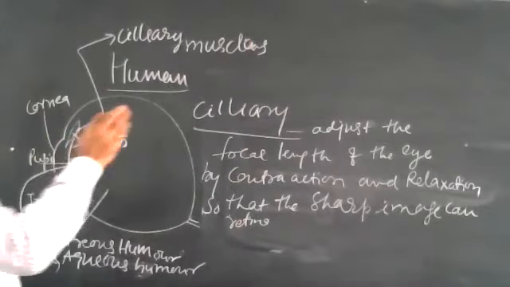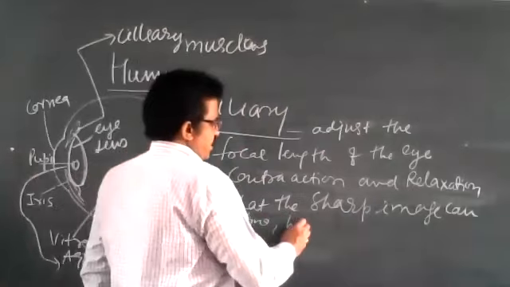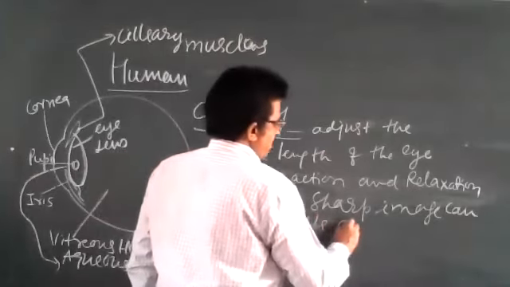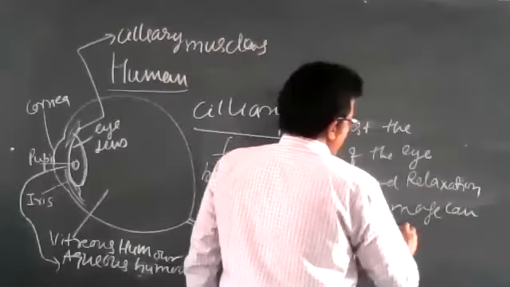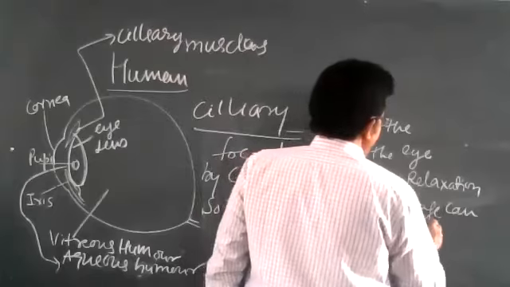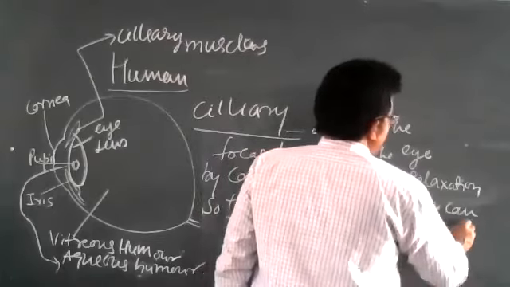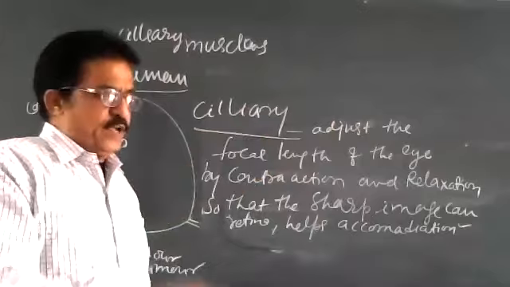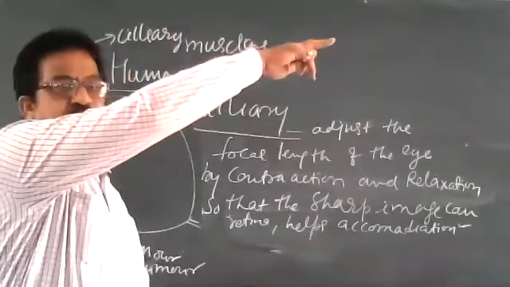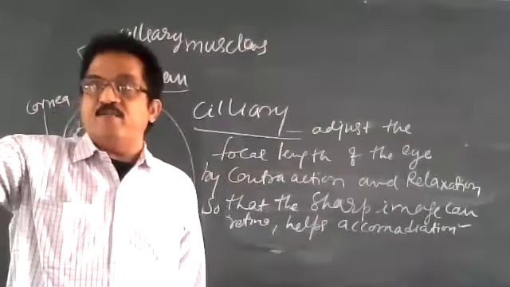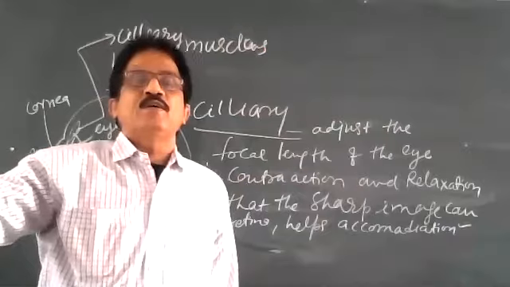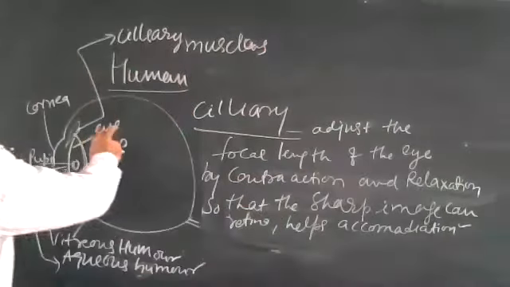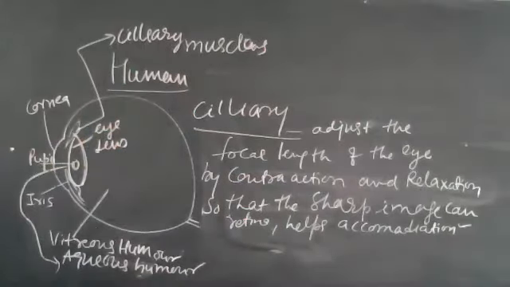It helps in accommodation of the eye. How do we adjust our eye? In one second we are looking here, in the next second we are looking there. The eye adjusts immediately. This is adjusted by the ciliary muscles. So these are the different parts and working of the human eye.